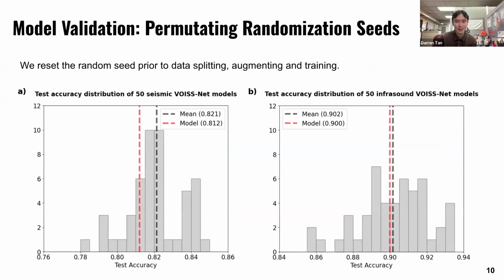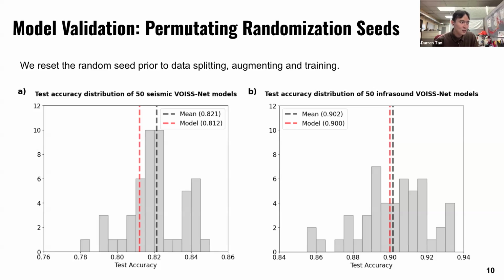One additional check that we did is to permutate randomization seeds. For those who are familiar, you might have heard of K-fold cross-validation. This is a different way to achieve the same thing, where we permutate a random seed before we do our data set splitting. With our labeled data set, there are of course train, validation, and test sets. When we cut it up, we might just get a lucky draw or a particularly unlucky draw.